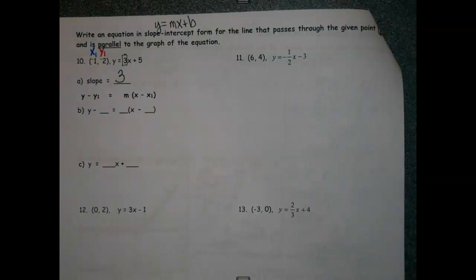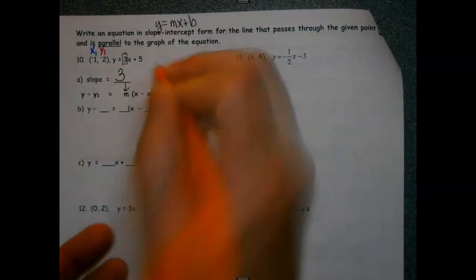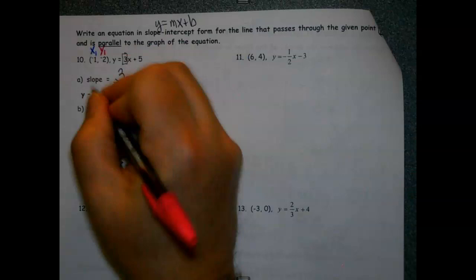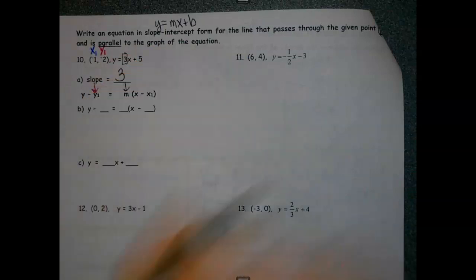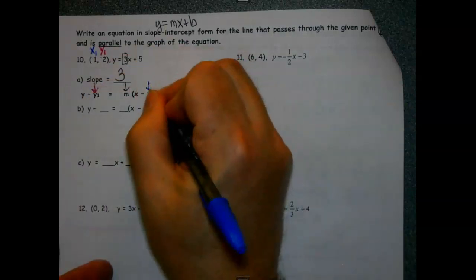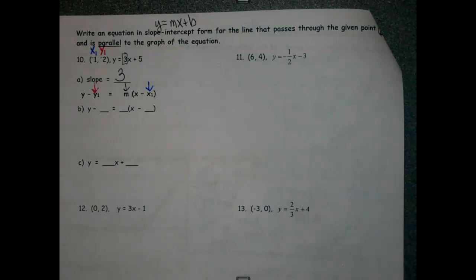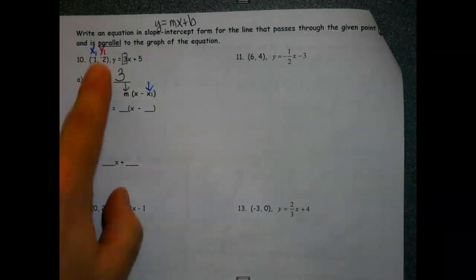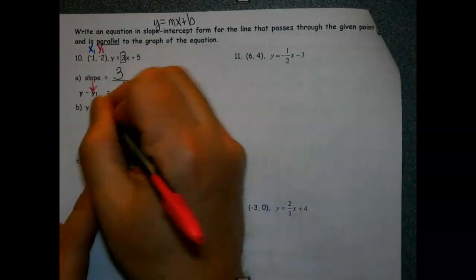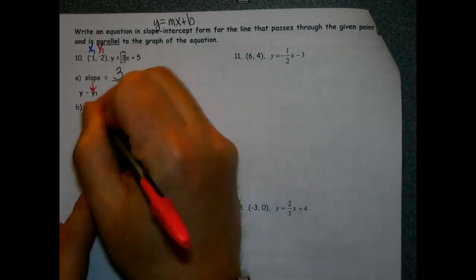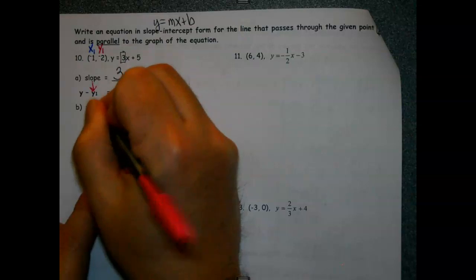And now it just becomes, like it has been all along, we've got this on our notes, I'm hoping, at this point, but if not, we're going to still do it here. Y minus my y1, which is negative 2, but minus a negative becomes plus.